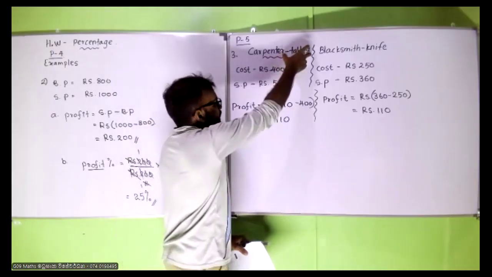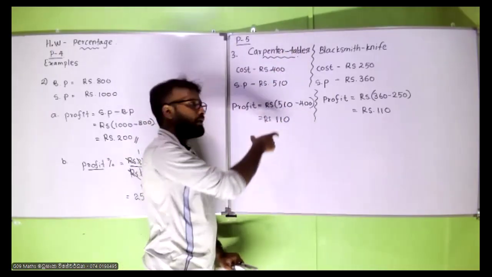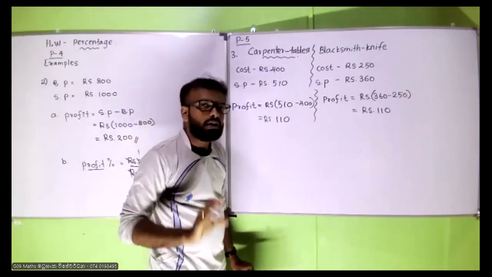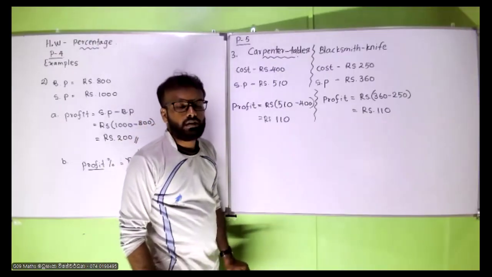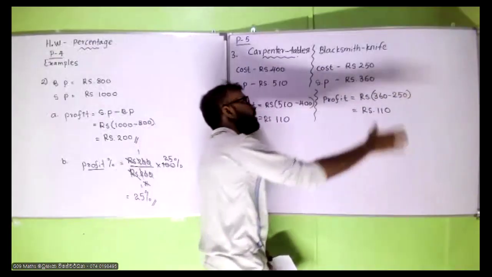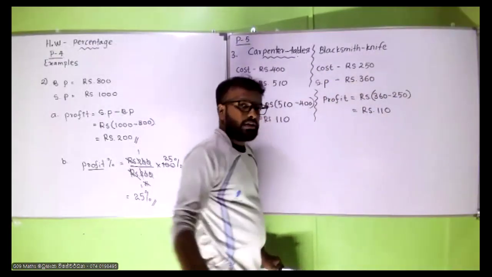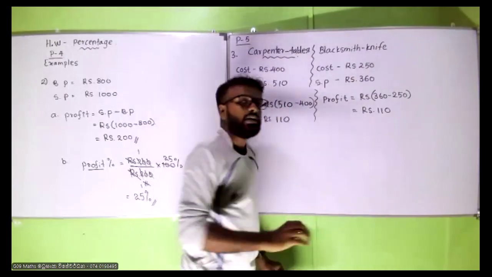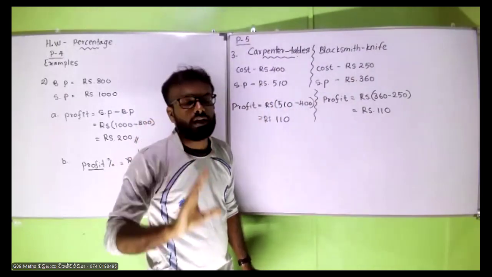By selling tables, the carpenter is gaining 110 rupees as the profit. And also the blacksmith is selling knives, but he is also gaining a profit of 110.